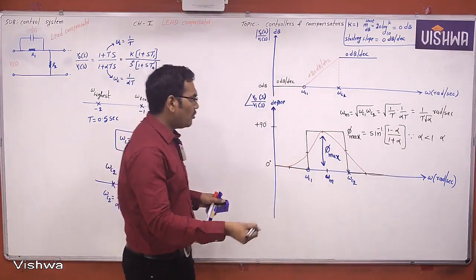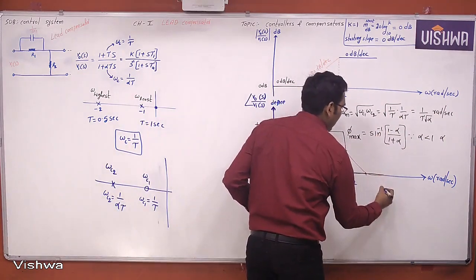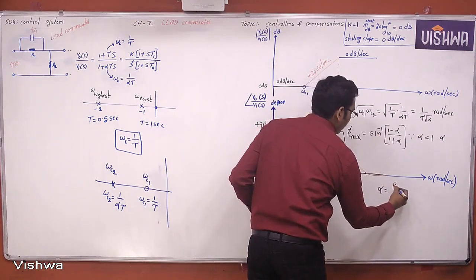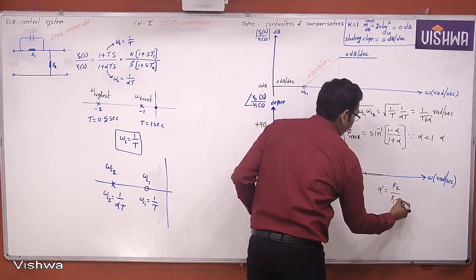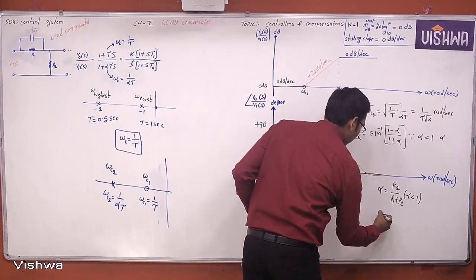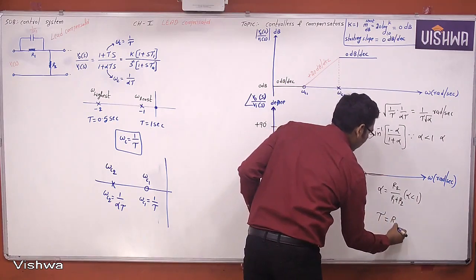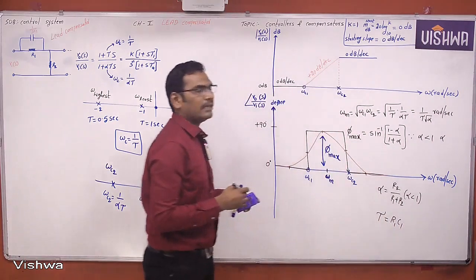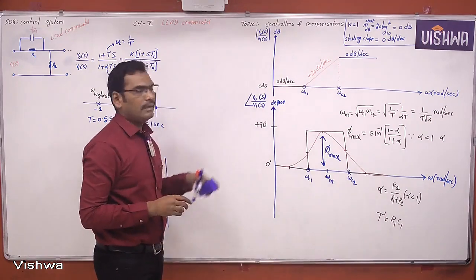Everything is the same, where alpha is R2 by R1 plus R2, which is less than 1, and tau is R1 C1. So this is very clear, this is nothing but a lead compensator.